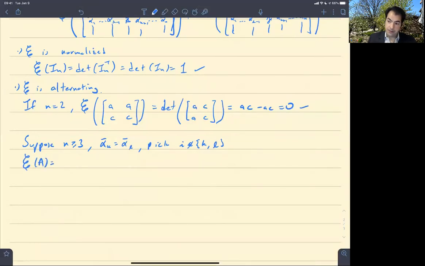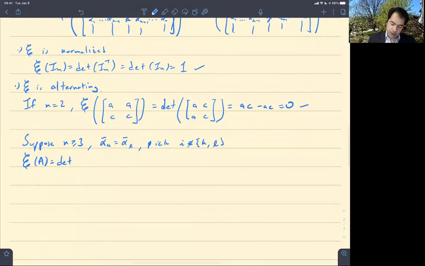So we have E of A is the determinant of A transpose. So this would be the sum, j goes from 1 to n, of (-1) to the i plus j, a_ji, because it's the transpose matrix, and then the determinant of A transpose with row i and column j deleted.